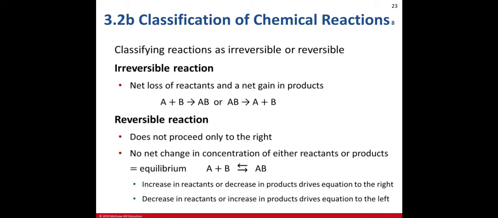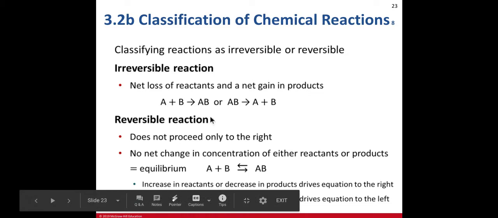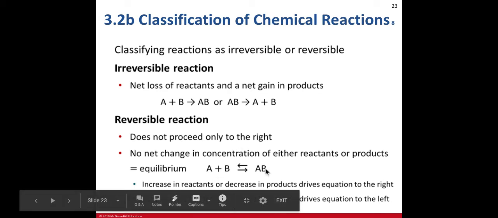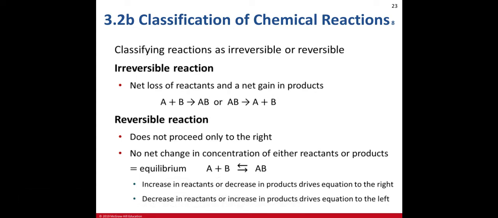If we increase the reactants or we decrease the products, we can make the reaction happen in one direction. If we decrease our reactants or we increase the products, then we can drive the reaction to happen in the other way. So we can actually change how we are getting our different products or reactants in order to change the rate of reaction.